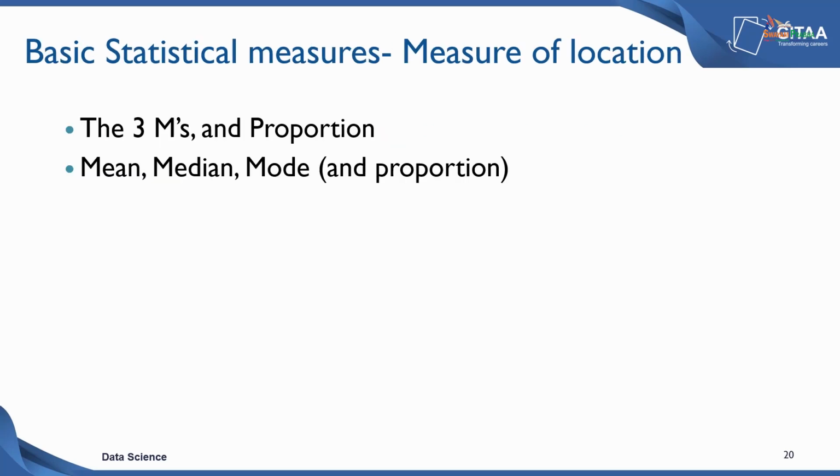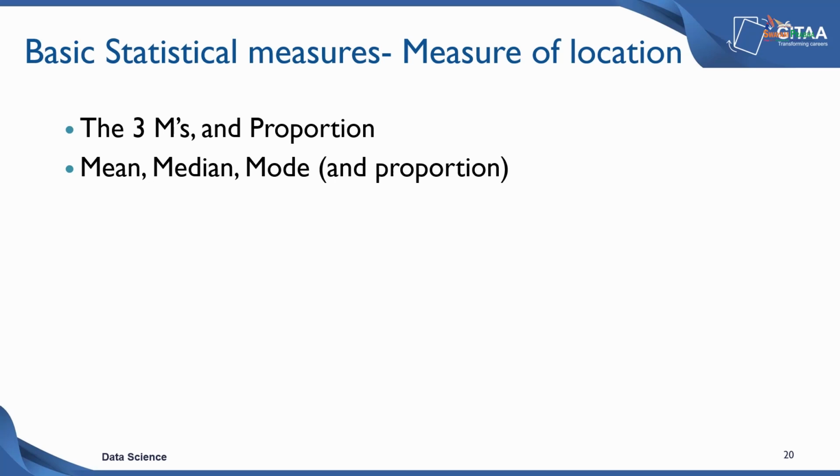What gets used are the 3 M's, which are mean, median and mode, and a lot of times mode per se is just a variable value. To make better sense of mode, it normally is accompanied with the proportion. So the 3 M's and proportion are the measures for location.